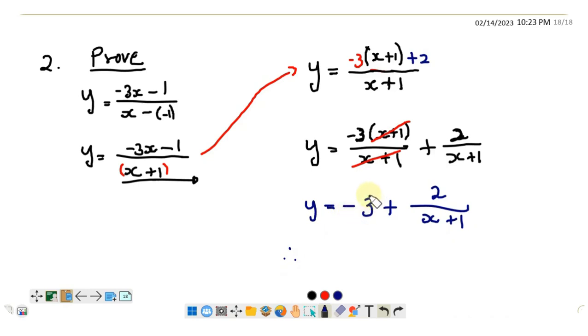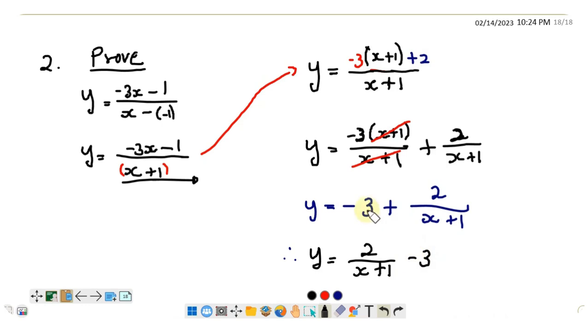So we can see this is q. This is the standard formula for hyperbola. Let's write q on the right side. So y equals 2 over x plus 1 minus 3.